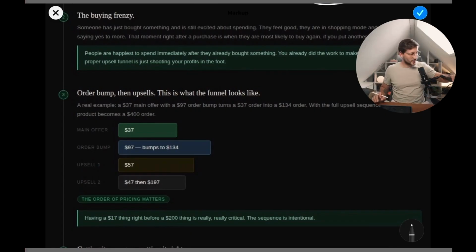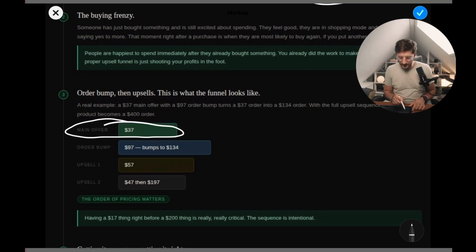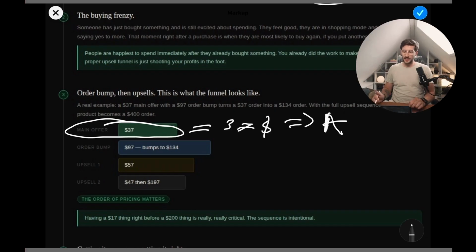So here's a real example. If you have one product that is $37 and you just sell this one, you're doing just $37 at that moment, at point A, and then you're waiting days until your emails are triggered, if you have them as a sequence, and you wait days until maybe there will be another sale.